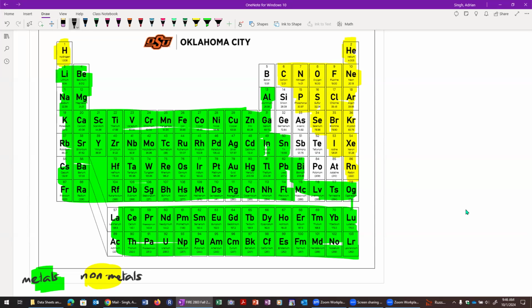Right, and then we're going to look at the pink ones, and that'll be boron, silicon, germanium, arsenic, antimony, and so on. Those are known as metalloids.